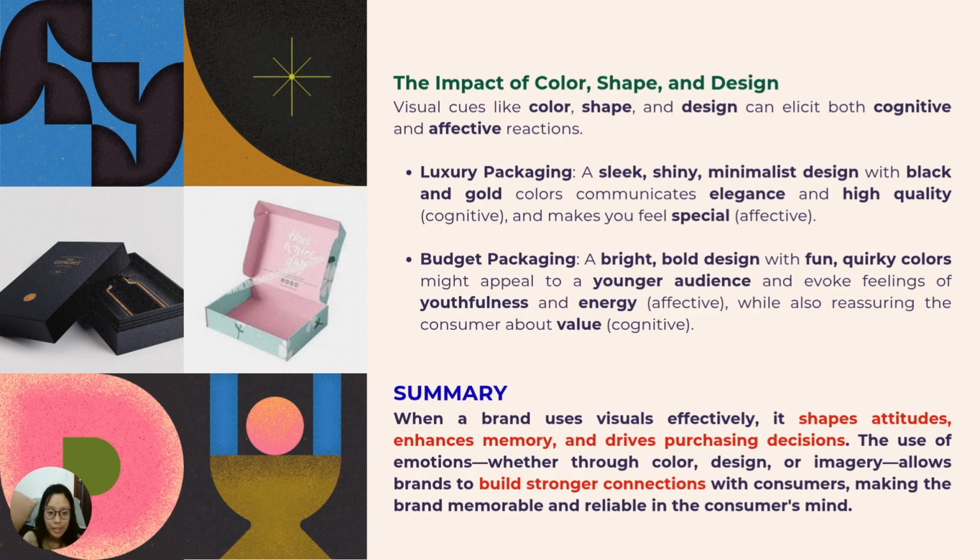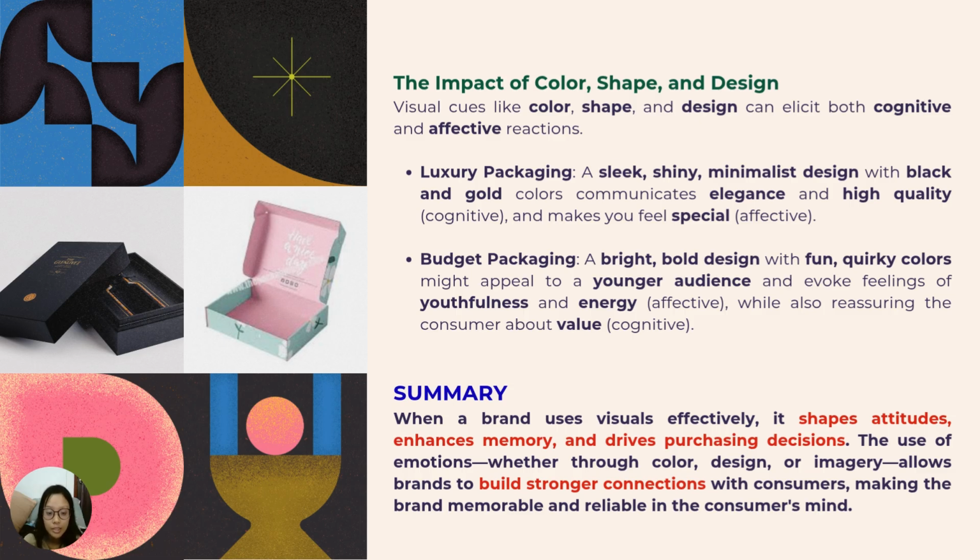We move to the impact of color, shape, and design. Visual cues like color, shape, and design can elicit both cognitive and affective reactions. Think about the packaging design of a luxury product versus a budget product. So the luxury packaging often has a sleek, shiny, minimalist design with black and gold colors to communicate elegance and high quality.